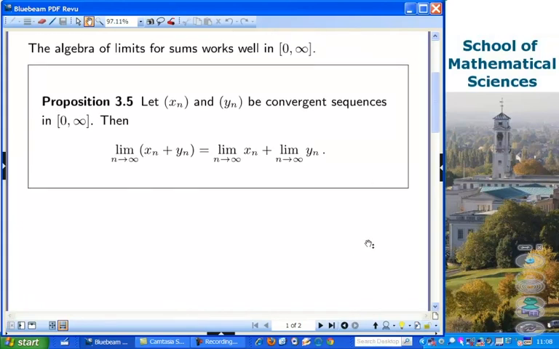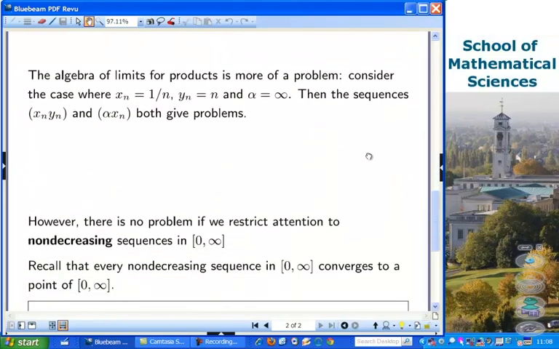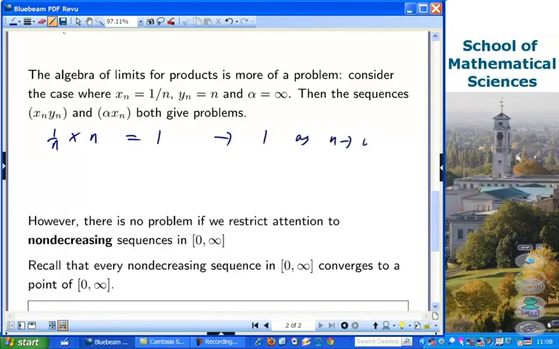So the problems come for products. We already looked at 1 over n times n equals 1, which tends to 1 as n tends to infinity.